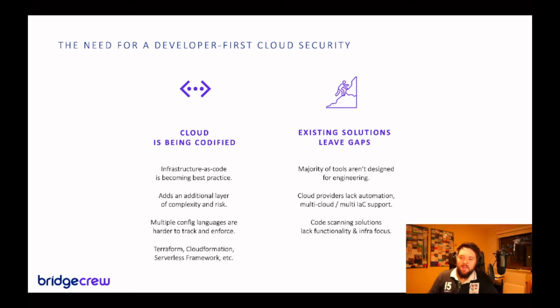So not only is it an opportunity, by codifying our infrastructure, we have more chance of catching issues at an earlier stage in the deployment and catching things way before they make it into production. But also it's a necessity because the pace of change is now such that without automation, that person manually reviewing changes to potentially thousands of containers to deploy is going to be having a really bad day.